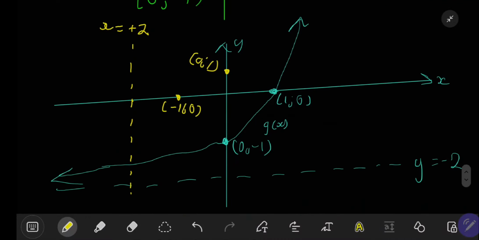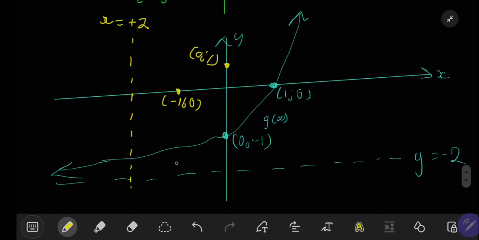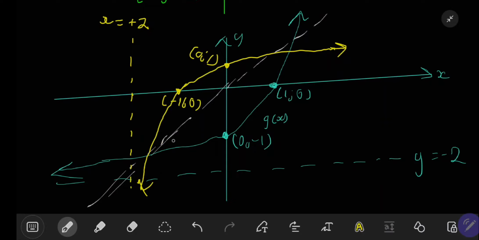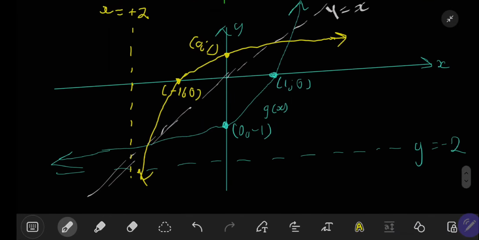Then how will our graph go? Our graph will go like this. So this is the inverse graph. Is it true? Yes. Why? Because you can see that if we bring the line y equals x here, we can see that we reflected this graph.